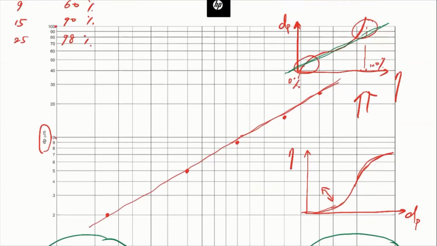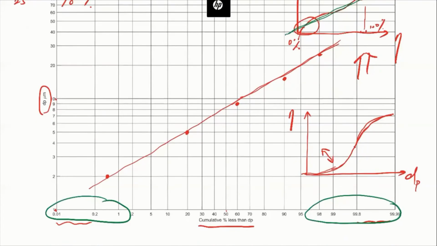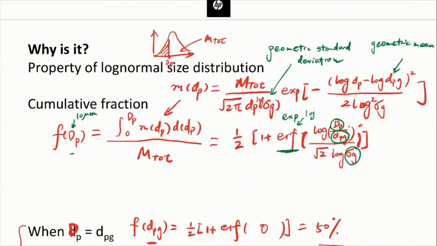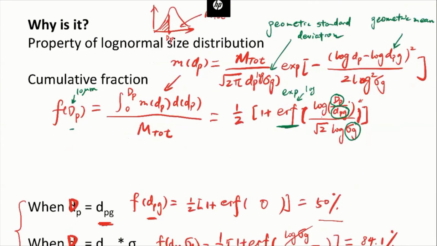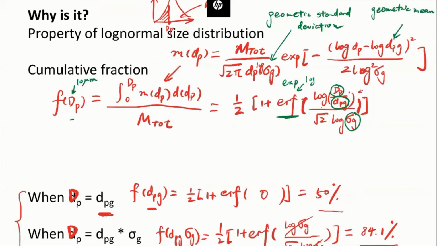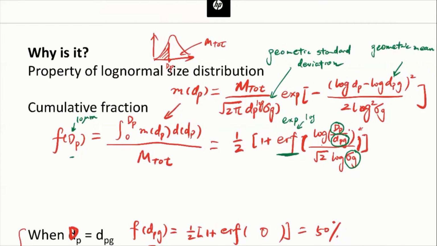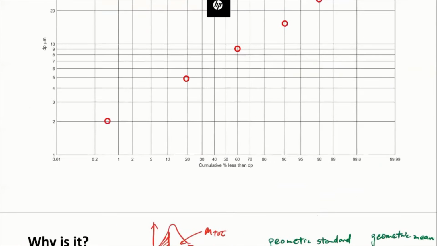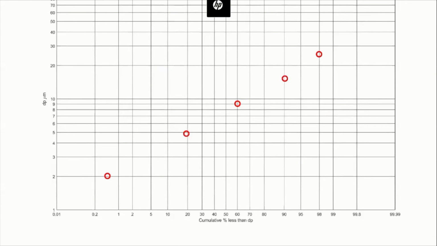If you're interested, this stretching actually has to follow the error function that we discussed earlier. I have a few backup slides at the end of this class note. If you're interested, you can see how they generate this plot, and it applies for all different types of log normal distribution.